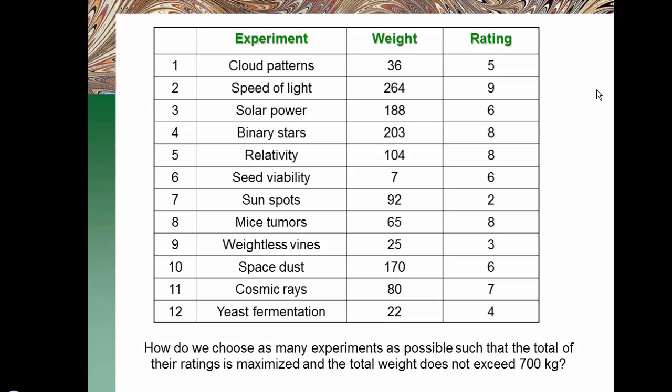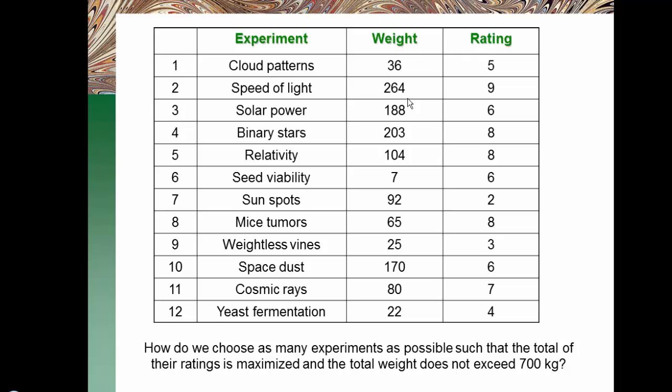A panel of reviewers then decide which proposals are reasonable, and these proposals are rated from 1, which is the lowest score, to 10, the highest, on their potential importance to science. As you can see in this table, each experiment has a weight and a rating that was assigned by the panel of reviewers.